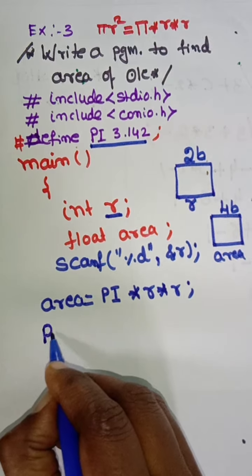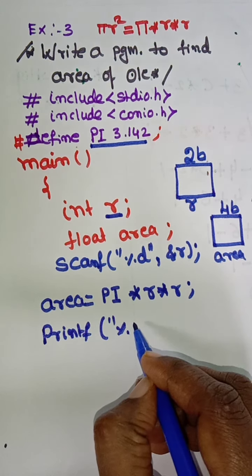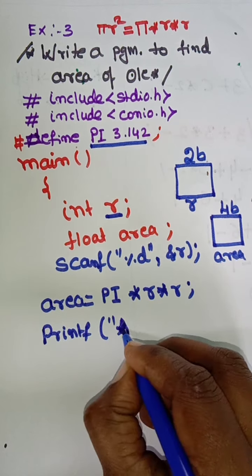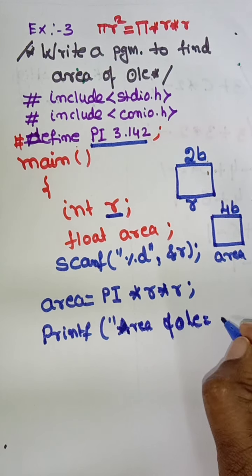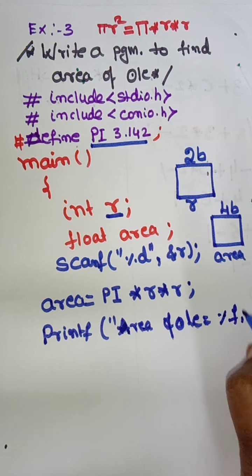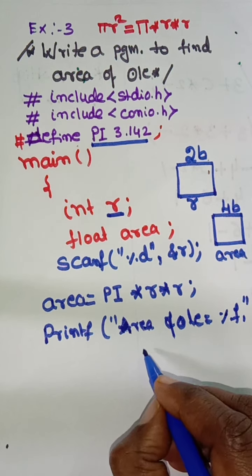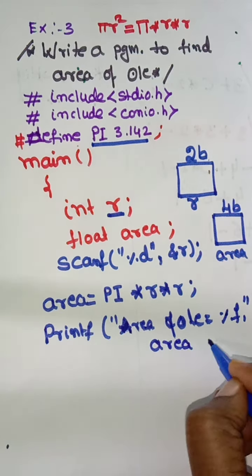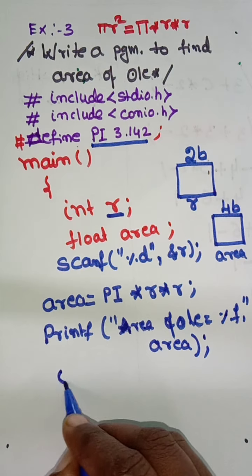So you are going to take printf, percentage d or f you have to take. So let us write here area of circle is equal to, what you have to take? Percentage f. Why? Because area is the float. And where is this answer present? It is present in the variable area. Close this. Okay. And close the program.